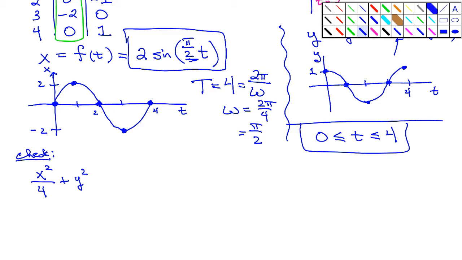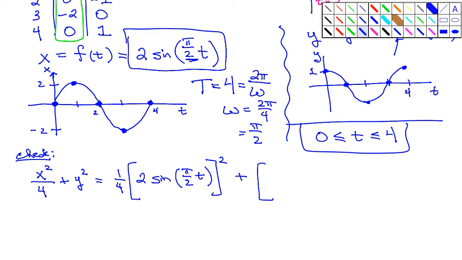So let's do that. So the x squared over 4, I'm going to write that as 1/4. Then I'm going to substitute in the x parameter, which is 2 times sine of pi over 2 times t, squared, plus substitute in the y parameter, which was cosine of pi over 2 t, squared.